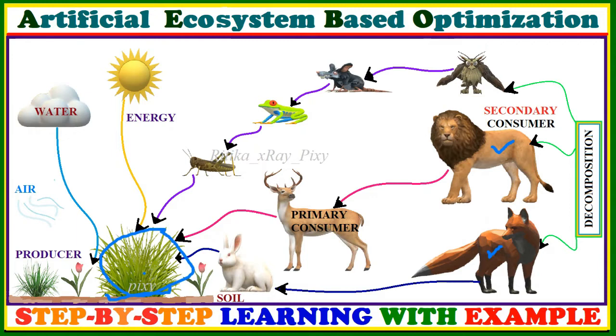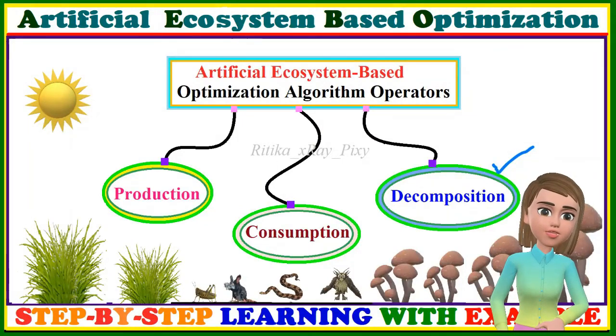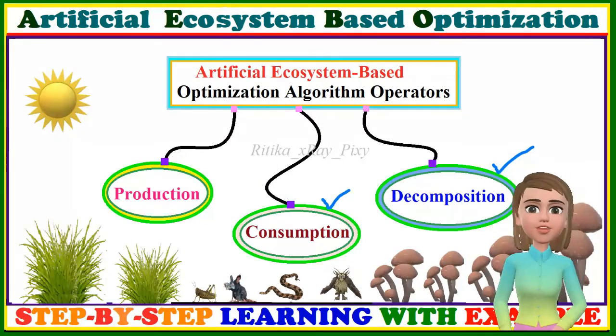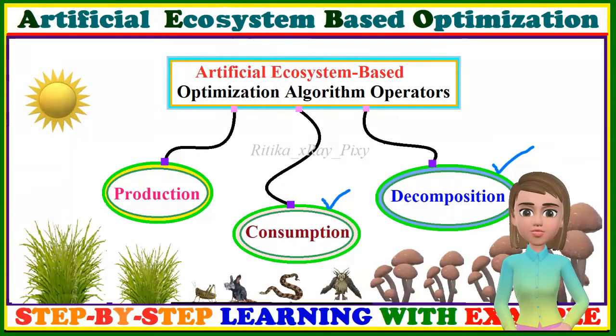And next in the food chain we have different types of carnivores. They can consume one another. And in the end we have decomposition. When the consumer dies, the body is decomposed and all the nutrients are consumed by the soil. This algorithm uses the production, consumption, and decomposition behavior to find the optimal solution for optimization problems.